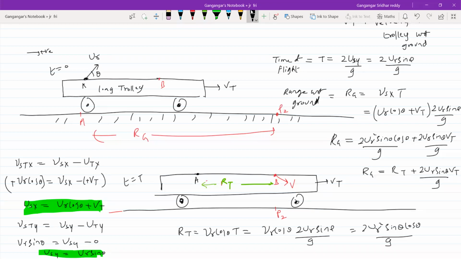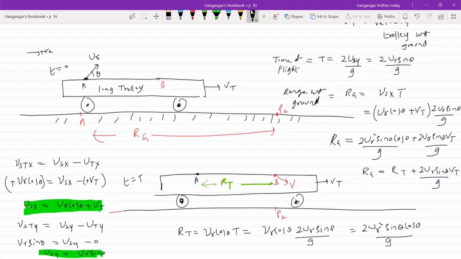So the diagrams are very important. What I'm indicating is that P1, P2 is the range with respect to ground. It will not strike on the ground. The point B where the ball strikes the trolley will be at the location of P2. So if you are standing on the ground, you feel it has displaced horizontally by distance RG. If you are on the trolley, you feel it got displaced by RT.